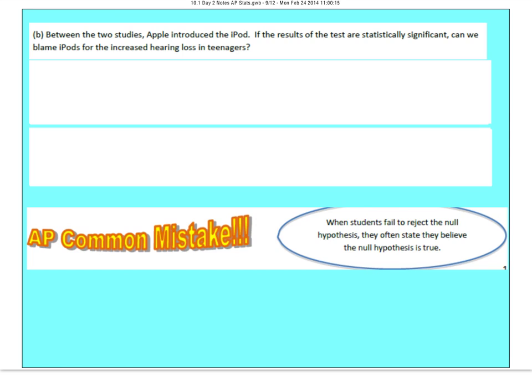A little curveball to that study. Letter B. Between the two studies, Apple introduced the iPod. If the results of the test are statistically significant, can we blame iPods for the increased hearing loss in teenagers? This is a great review of Chapter 4, so you have to always keep this in mind if you want to make any type of blaming conditions or cause and effect conditions.